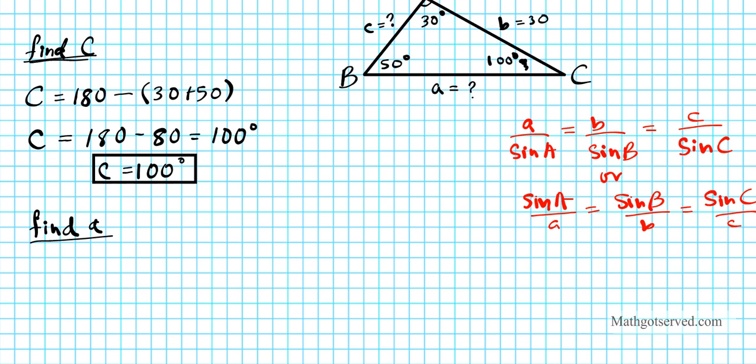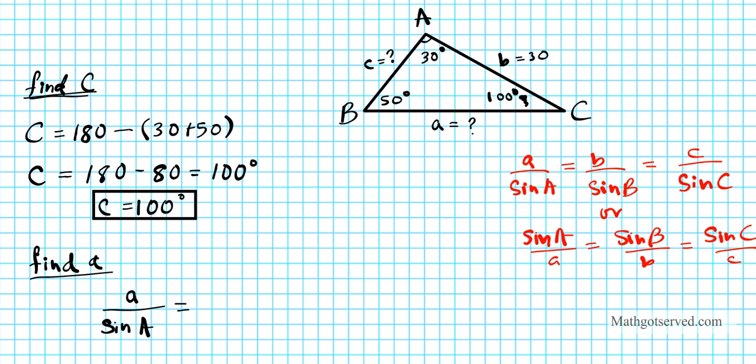If we want to find a, I'm going to start my formula by writing what I'm looking for, which is a. I write a over sine of the angle opposite a, which is A. This is the ratio in which I'm missing a measure, namely a. The next pair I pick, I must know both the side and the angle.